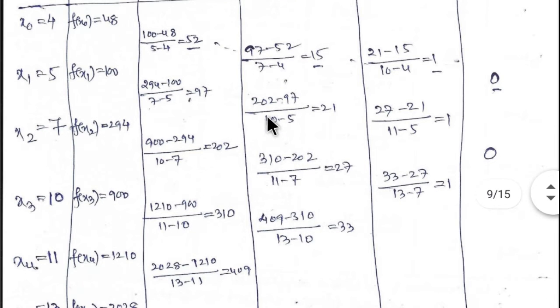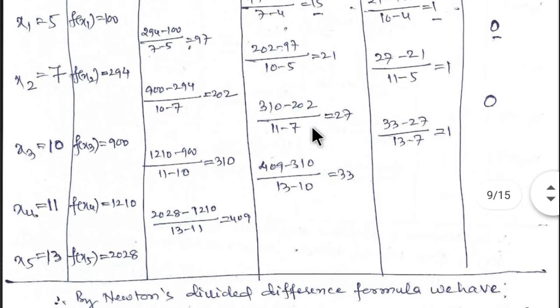Similarly, 202 minus 97 divided by x3 minus x1, that is 10 minus 5, it gives 21. Similarly, 310 minus 202 divided by x4 minus x2, 11 minus 7, it gives 27. 409 minus 310 divided by x5 minus x3, that is 13 minus 10, this gives 33.